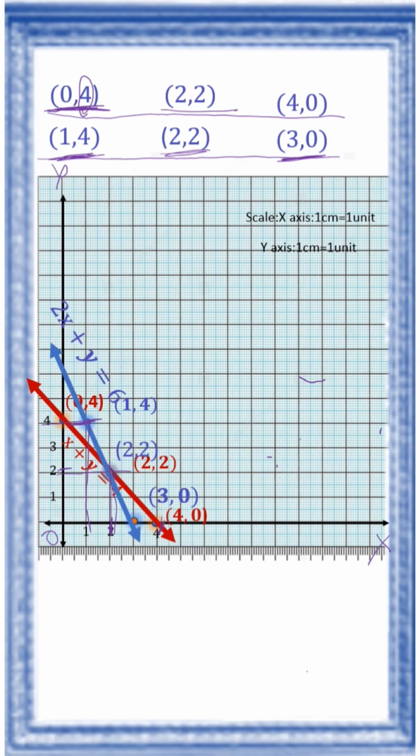This straight line represents the equation 2x plus y is equal to 6. See here, these two lines intersect in this point 2, 2. x is equal to 2, y is equal to 2. So x is equal to 2, y is equal to 2 is the solution.